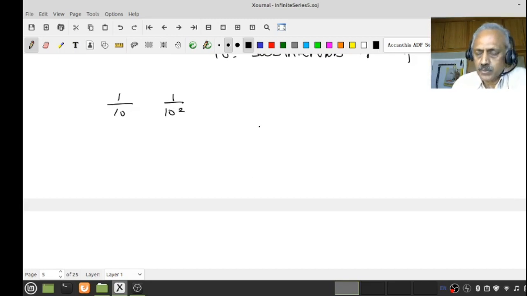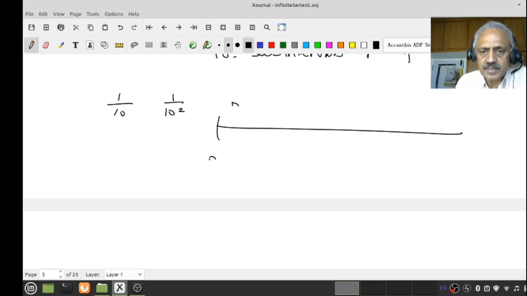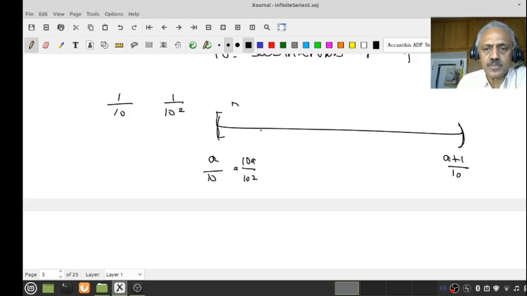Therefore, what will I do? So I will have something like, let me again write it. This is my A by 10 and this is A plus 1 by 10, right? Included, and this is open. Then this I can write as 10A by 10 squared. Therefore, this will be the next one.